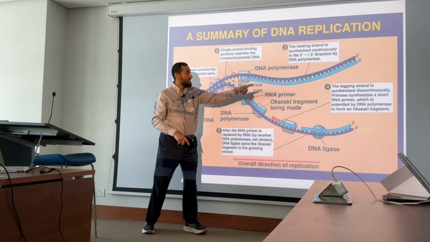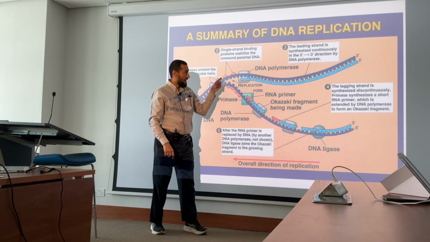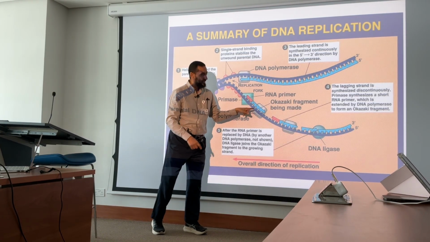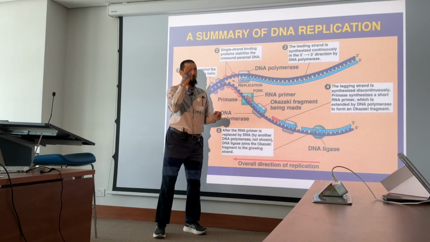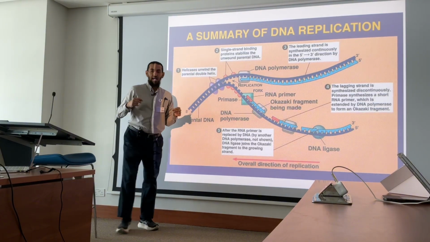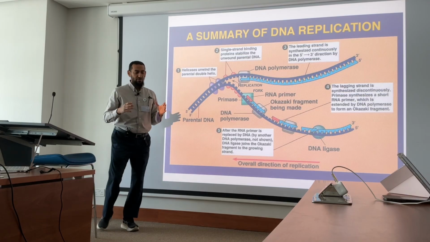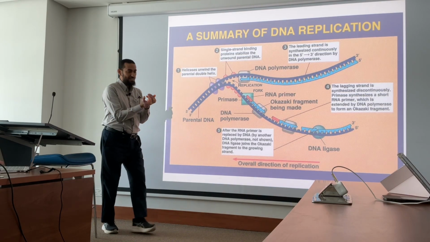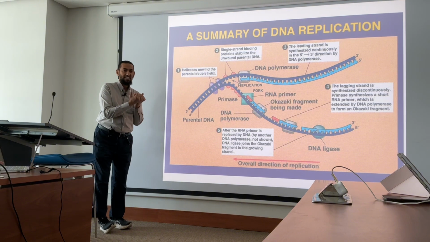Now polymerase 3, the one which will polymerize and replicate, and polymerase 1, which will remove the RNA and put DNA instead of it, both of them have another capability to work in reverse direction for something known as proofreading.